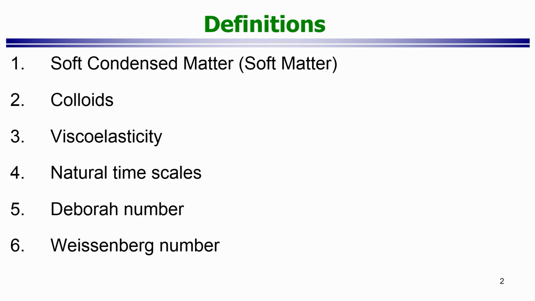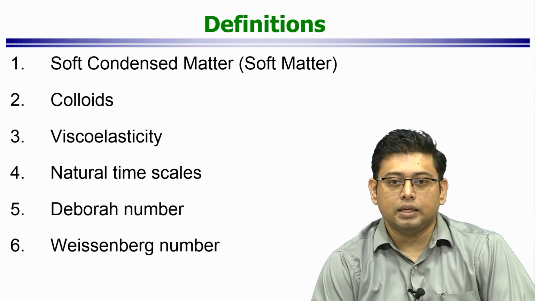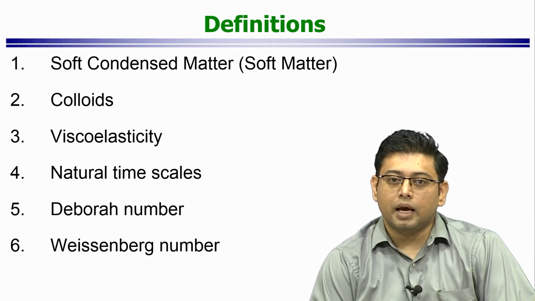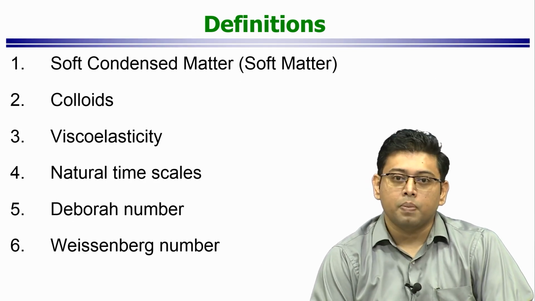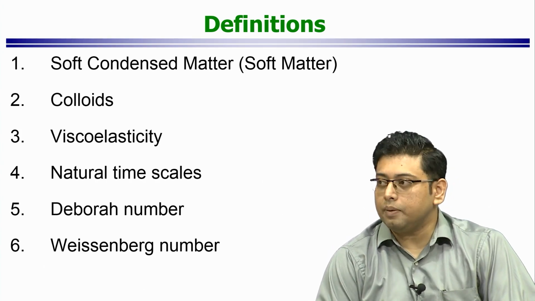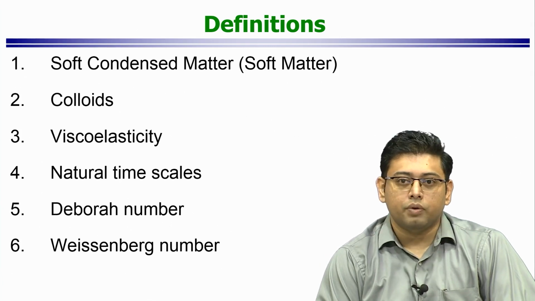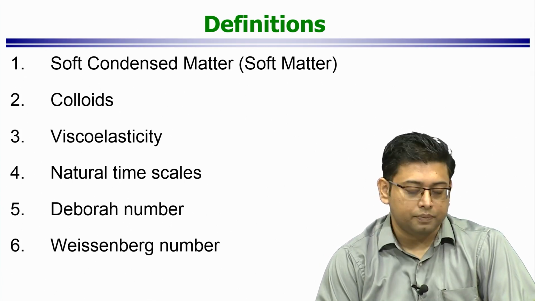So, we started off in the beginning of the class by discussing some important definitions, which included definitions of soft condensed matter, colloids, viscoelasticity. We discussed the idea of natural time scales in a historical context, and the historical context for the definition of the Deborah number as well. We also discussed the differentiation between the Deborah number and the Weissenberg number, right.